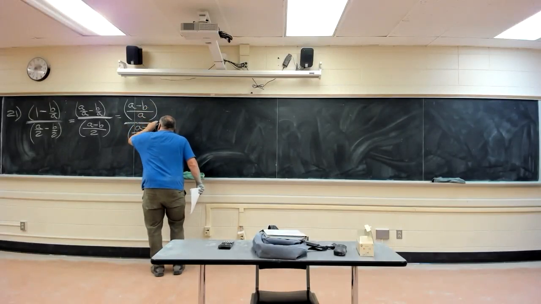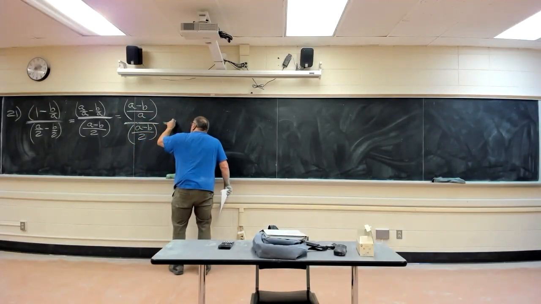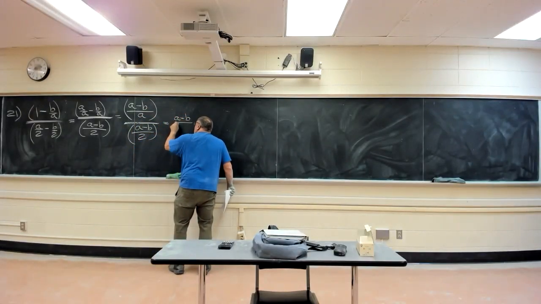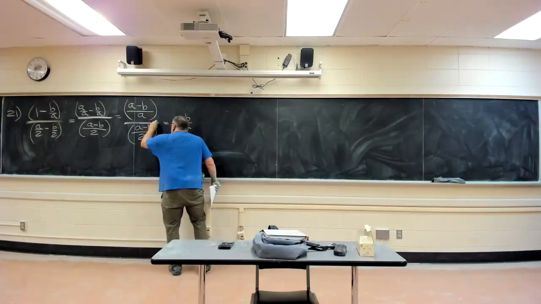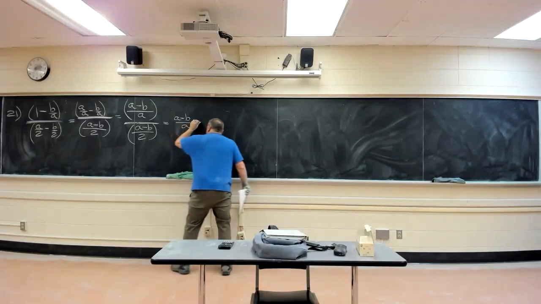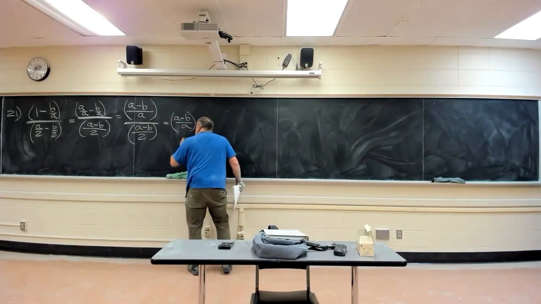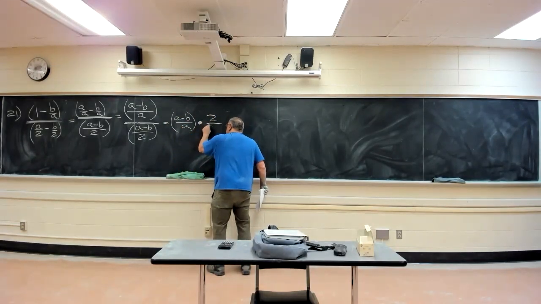A fraction divided by another fraction is the first fraction, the one that's being divided, left alone, multiplied by the reciprocal of the second fraction doing the dividing. You guys understand where I'm going? I just put something there I didn't want to put there just yet, but I'm going to soon.